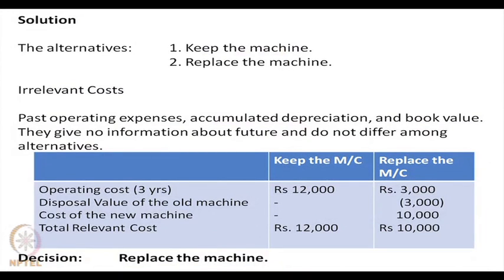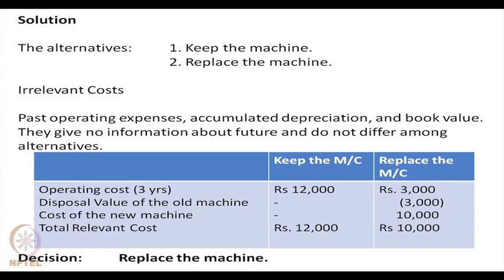Now, what are the irrelevant costs? The irrelevant costs are past operating expenses, the accumulated depreciation and the book value. Please recall that a cost is considered relevant if it differs among the alternatives and it has future implications.